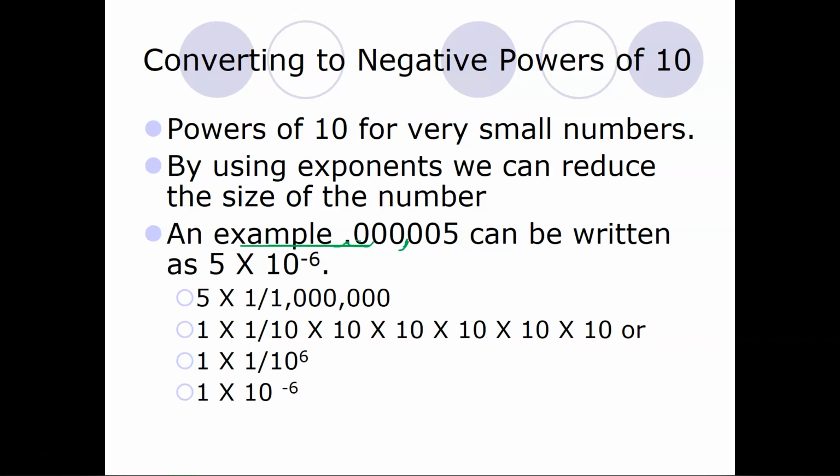So if I move it 1, 2, 3, 4, 5, 6, that is how we get 10 to the negative 6. Okay? Questions? Okay.